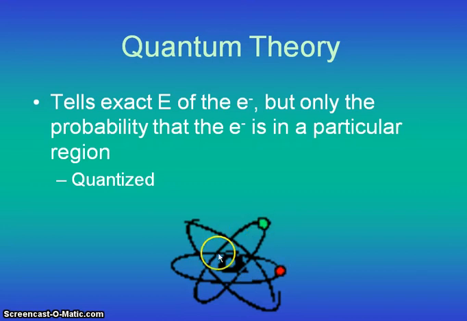Well, we can find out what energy level they're in, what orbital, but there's constant motion going on, so they could be at any location throughout that orbital at any particular point in time. And whenever an electron has a specific amount of energy, we call that quantized.